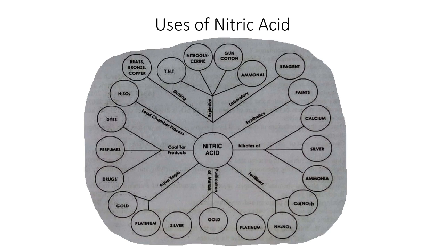So all these applications are mentioned, you can see here: explosives, synthetic uses, paints, making nitrates, making fertilizers, purification of metals, making aqua regia, extraction, making coal tar products, or you can use it in the lead chamber process for manufacture of sulfuric acid, or for the etching of copper, bronze or brass.